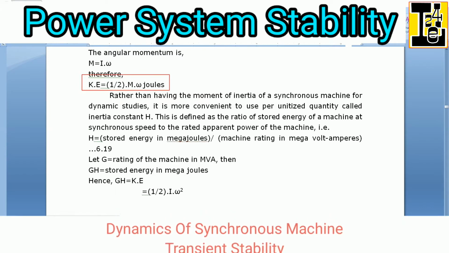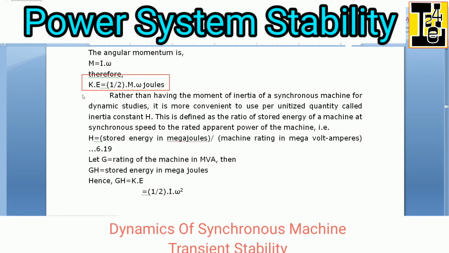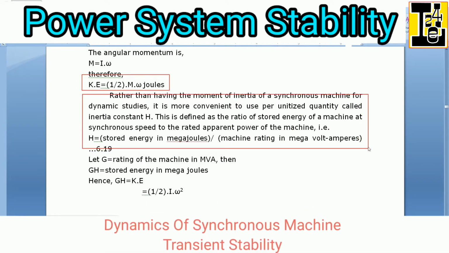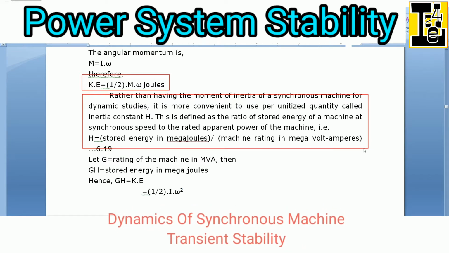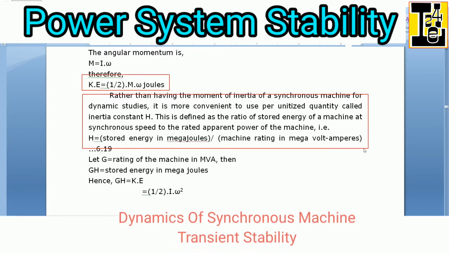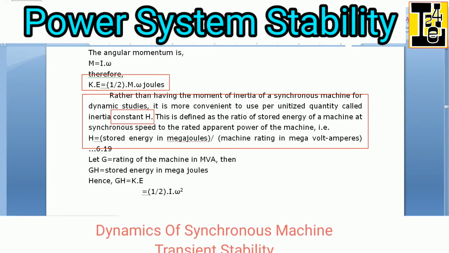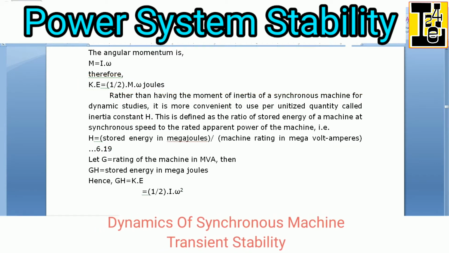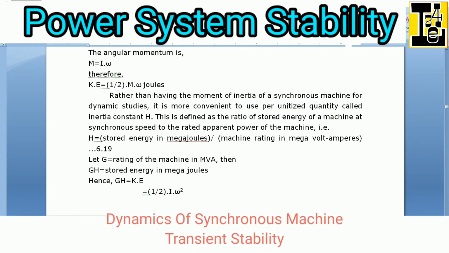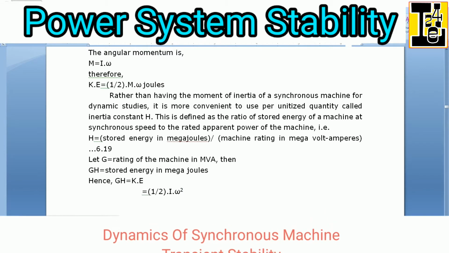Rather than having the moment of inertia of synchronous machine for dynamic studies, it is more convenient to use a per unitized quantity called the inertia constant H. This is defined as the ratio of stored energy of a machine at synchronous speed to the rated apparent power of the machine.